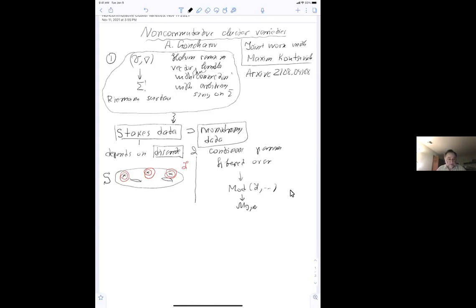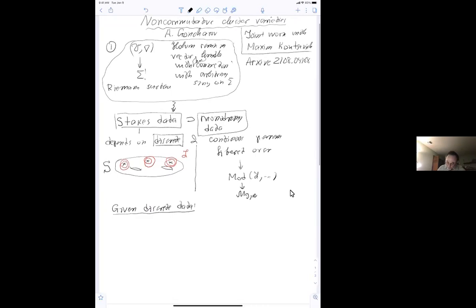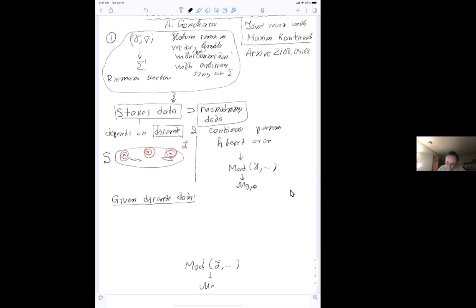Altogether, given discrete data, we observe the following: there is this moduli space, which I just said exists, which is fibered over M_{g,n}. Over this moduli space, there are two things happening. First of all, there are the so-called de Rham local systems.